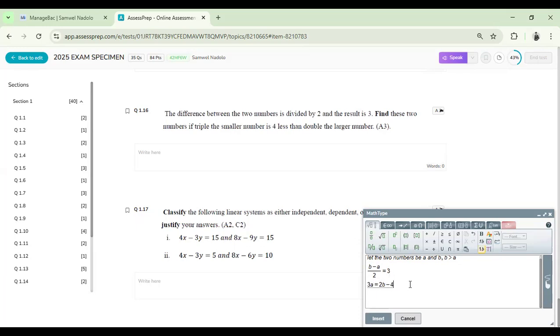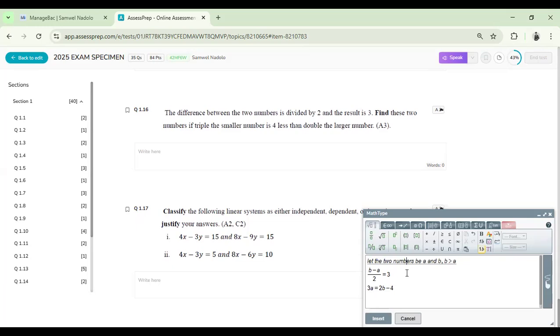If you double the larger number and subtract 4, you'll get triple the smaller number. So these two equations have formed a linear system.